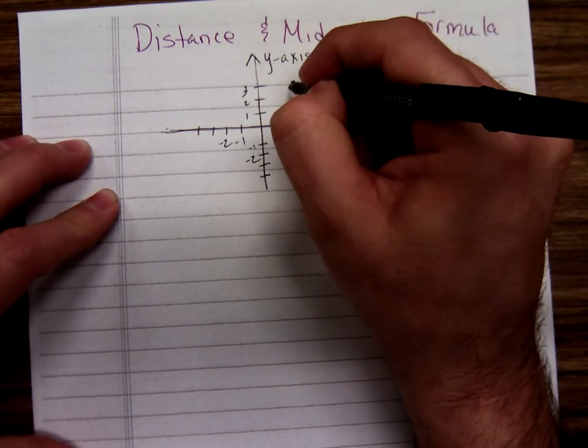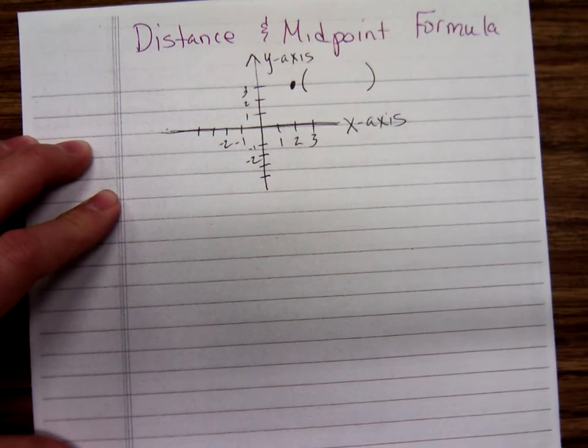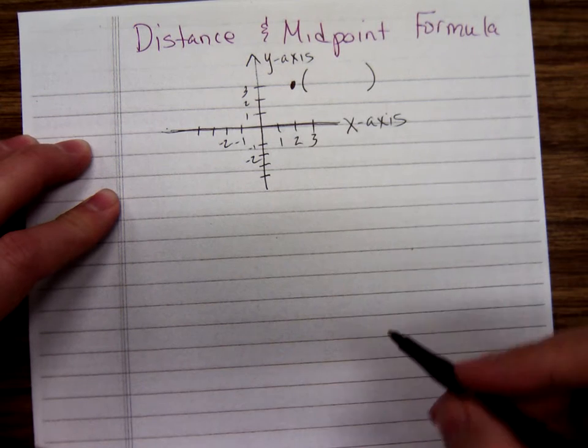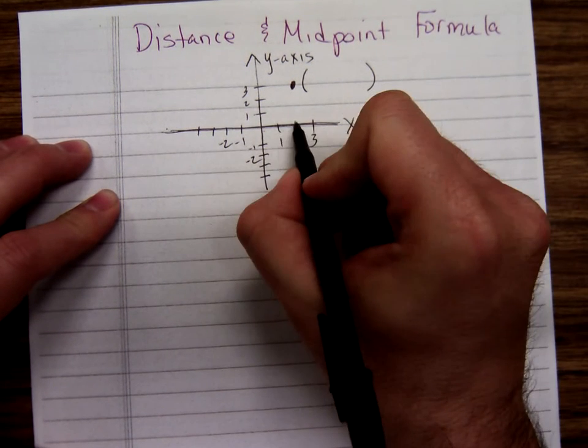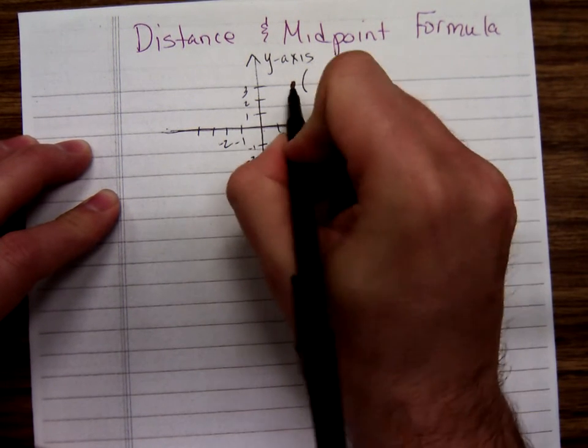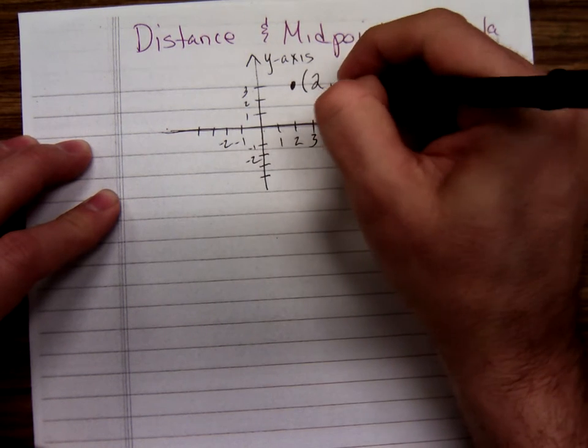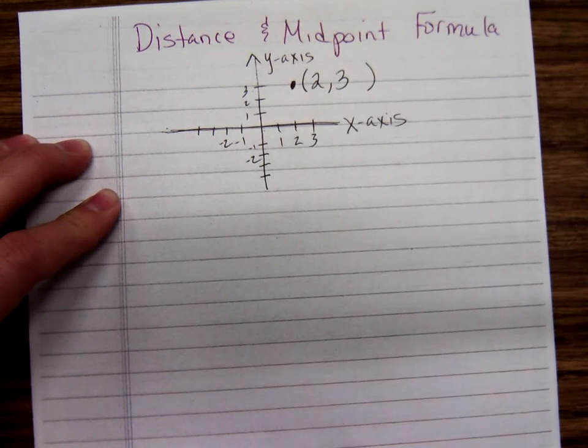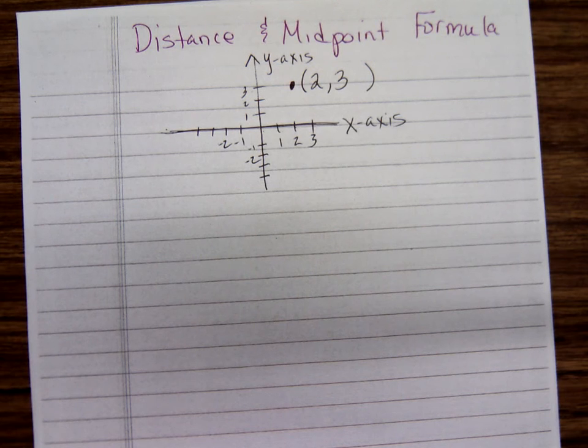For instance, this ordered pair right here would be the point right 2, up 3, so that would be the point 2, comma 3. We're sort of reviewing this rectangular coordinate system that all of you have seen before. Ordered pairs are always in the form x, y.